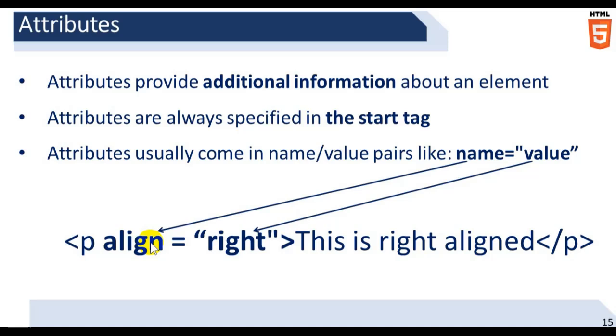So remember, there are two types of attributes: local attributes and global attributes. Sorry guys, listen carefully. Local attributes work inside only some particular tags, whereas global attributes work inside all the tags.